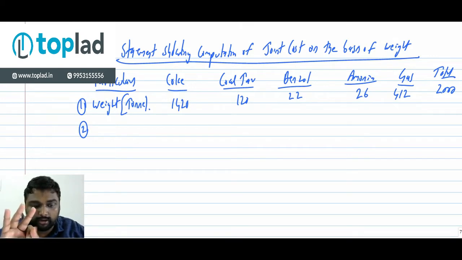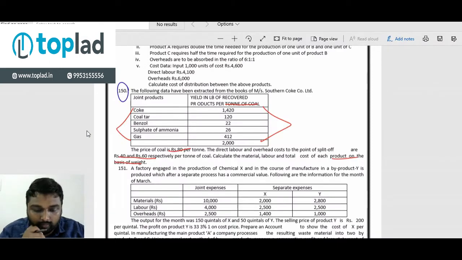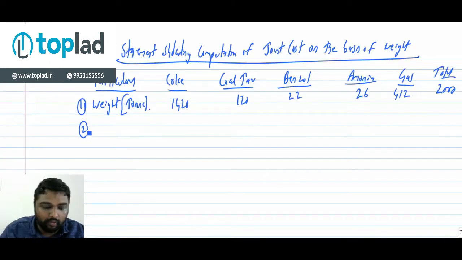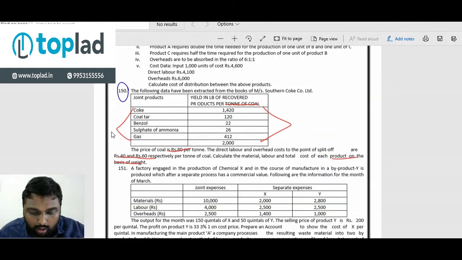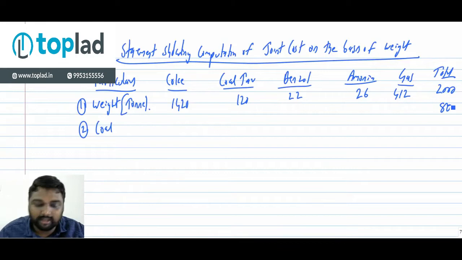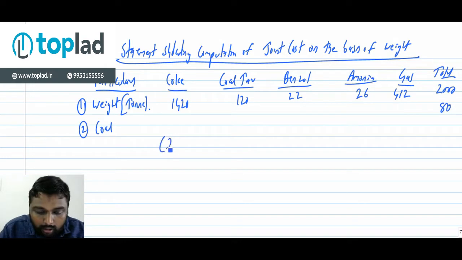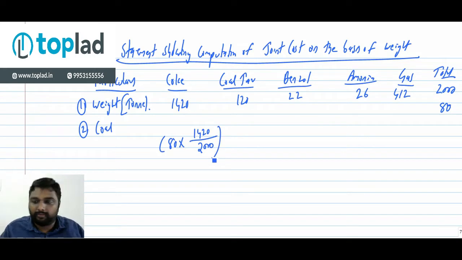One is the price of coal, then labor and overhead. The total coal amount is 80, and this we have to apportion. For coke, it is 1420 out of 2000 weight.